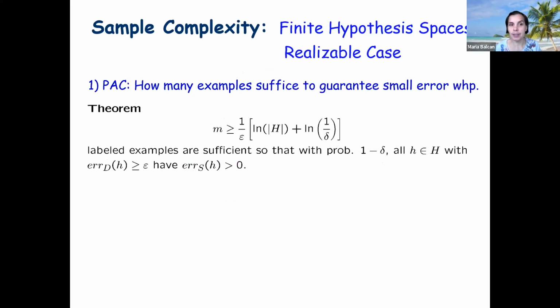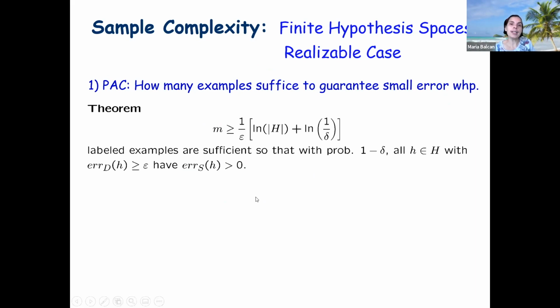We've seen this bound several times, yesterday and today. In this simple case, we are in the realizable case, the target function truly belongs to the search space, and the search space is finite, so we have only a finite number of hypotheses, like the class of conjunctions, the class of disjunctions, or the class of decision trees over the Boolean cube. In this case, we can get this type of bound.